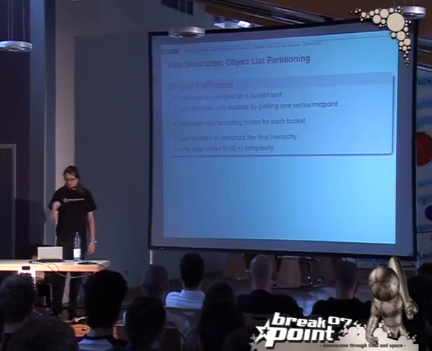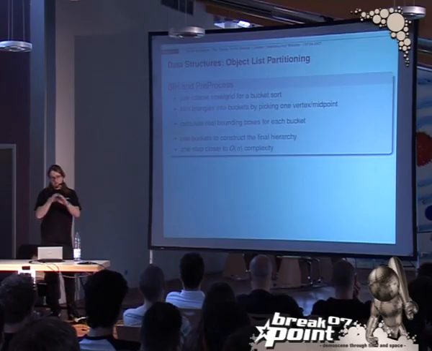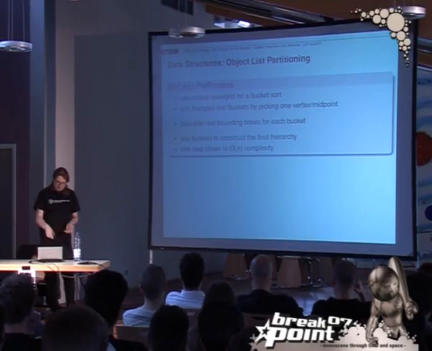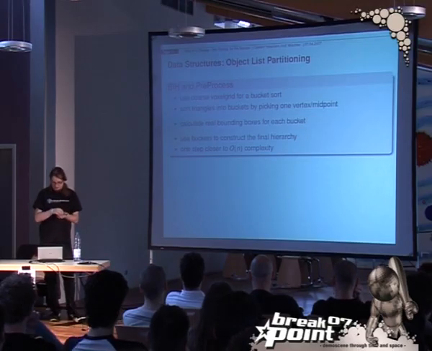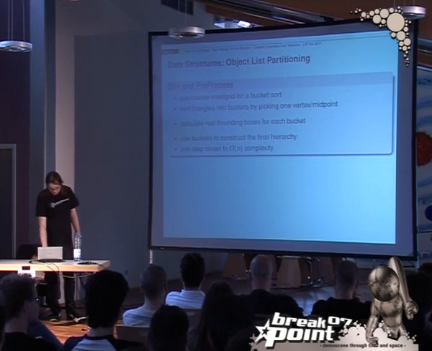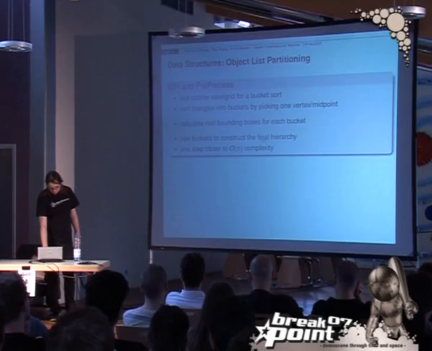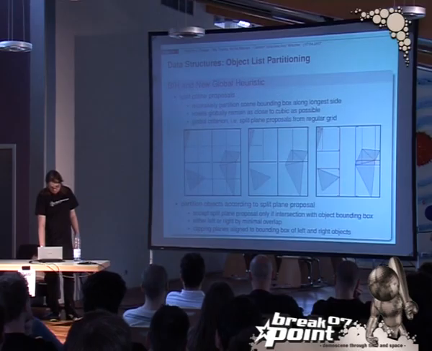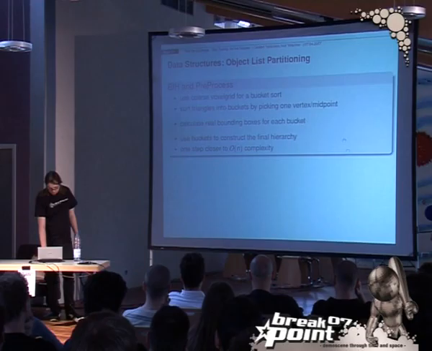And then in the second pass, you go over all the buckets and calculate the real volume of the bucket. So you go over all the triangles that have been assigned to this bucket and calculate the bounding box of them. And then you use these boxes to construct a final hierarchy. So the cool thing is, if you think about it close enough, exactly the same trees will come out if you use the middle point of the triangles.